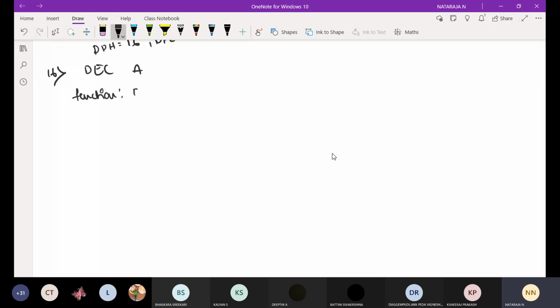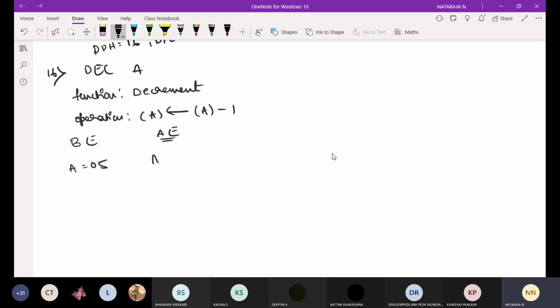The operation with respect to the decrement instruction is that we are going to store the data after decrement. It will be in accumulator, A minus 1. Flags affected: none. Before execution, if A is equal to 0.5, after execution, A is equal to 0.4.